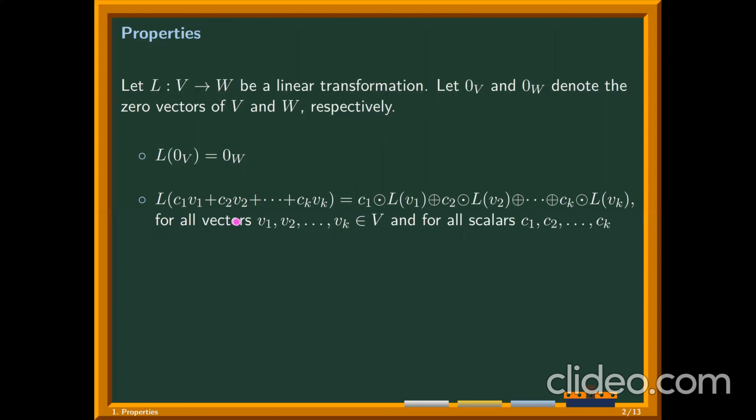So this is just a consequence of the equivalent formulation for our definition of a linear transformation.